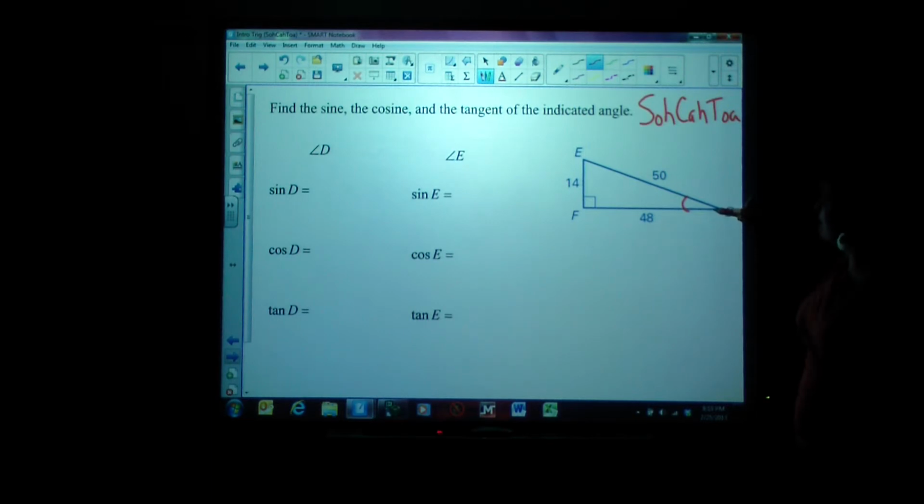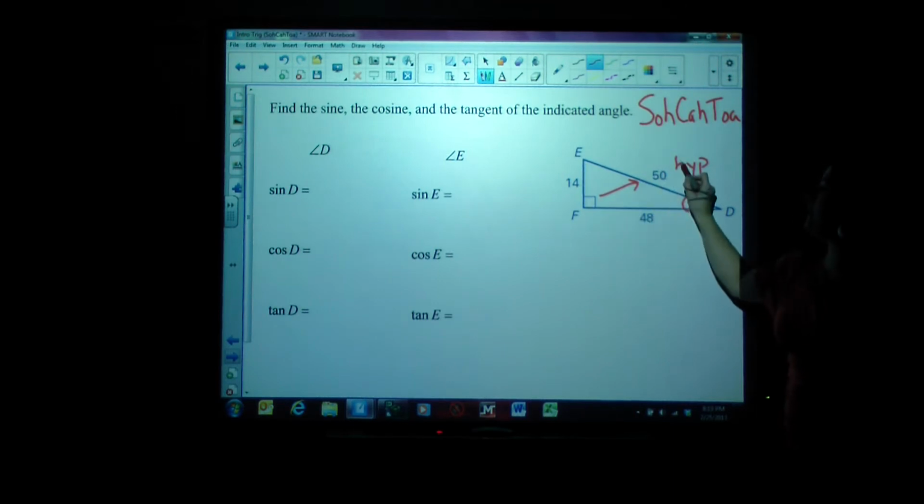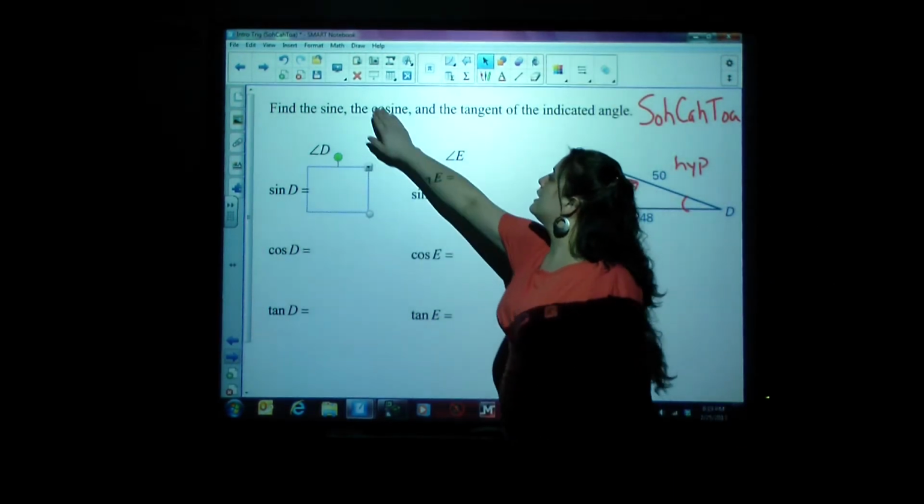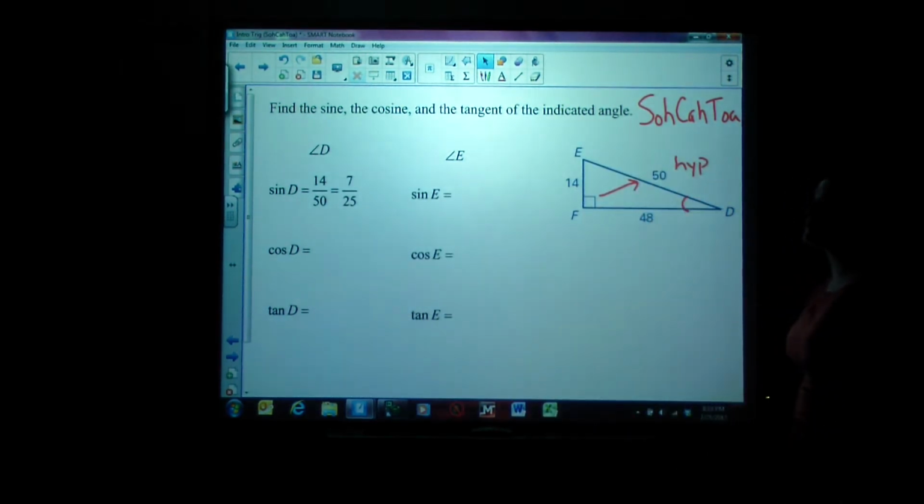So if we're looking at angle D, what is opposite? 14. Hypotenuse? The hypotenuse is always going to be the 50. So the sine of D is 14 over 50, or simply 7 over 25. You can reduce, never a problem to reduce.